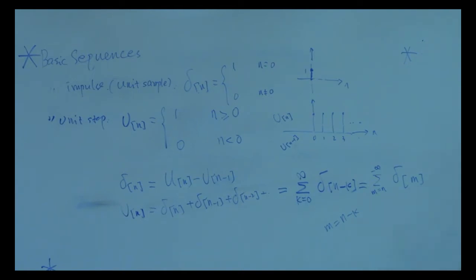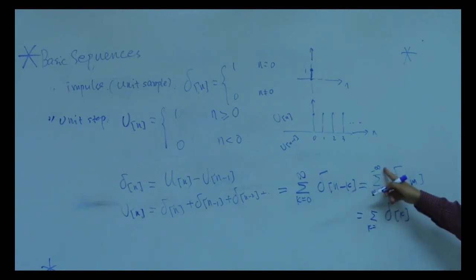So I can use m or I can use k, it doesn't matter. In the textbook we use k. Here we use m, but in the summation we use k, so we can change this m into k. So I'll rewrite it: this is Σ δ[k], with n on top and negative infinity at the bottom.